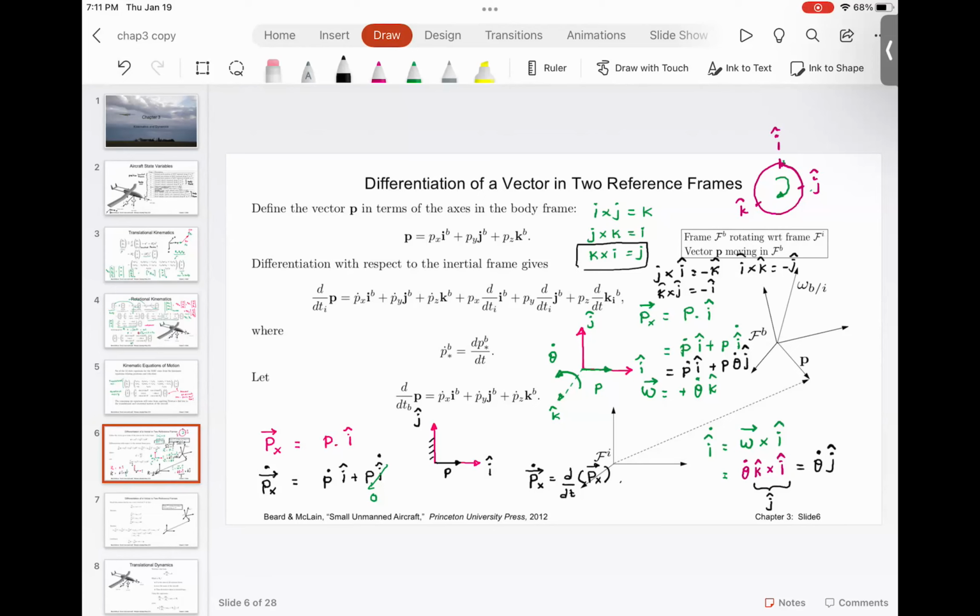So this becomes minus Px theta y dot k plus Px theta z dot j. And at the end, if you look at this, this is the radius and this is the angular velocity. So this equation is something as simple as omega times r.